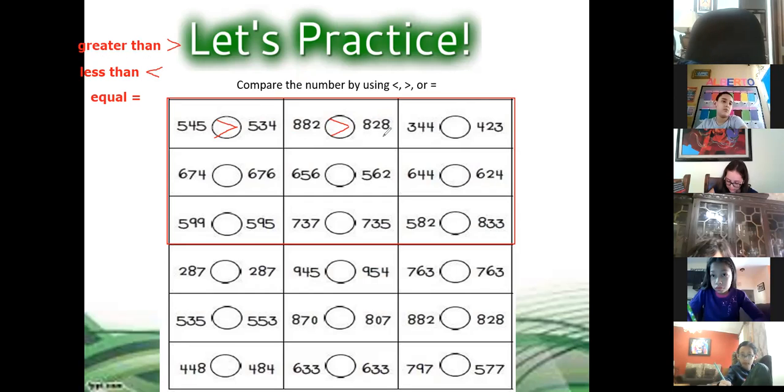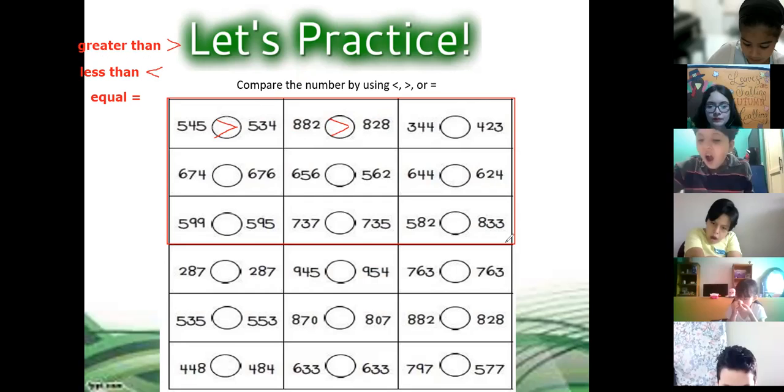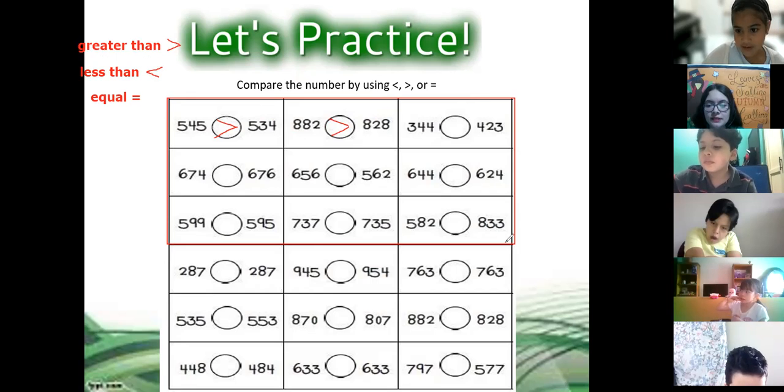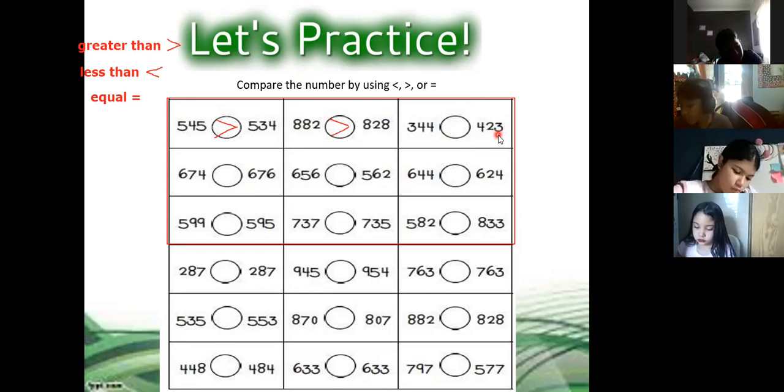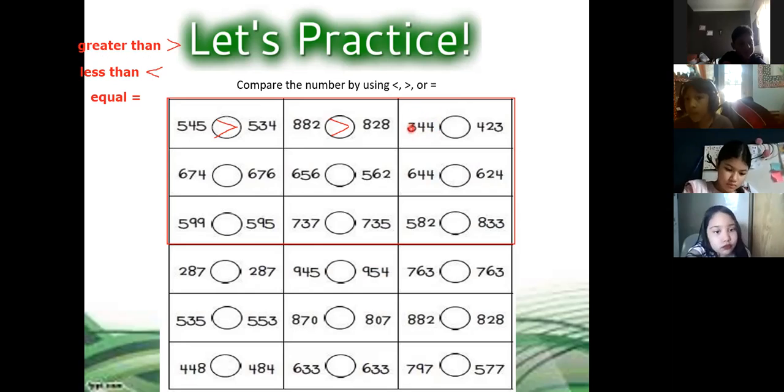Right? Who wants to try number 3? Who wants to try? Volunteer. Thank you, Marcelo. Rebecca? Okay, Rebecca, it's your turn. Read both numbers and tell us. 344, 423. 300 is less, that's right, than 400.